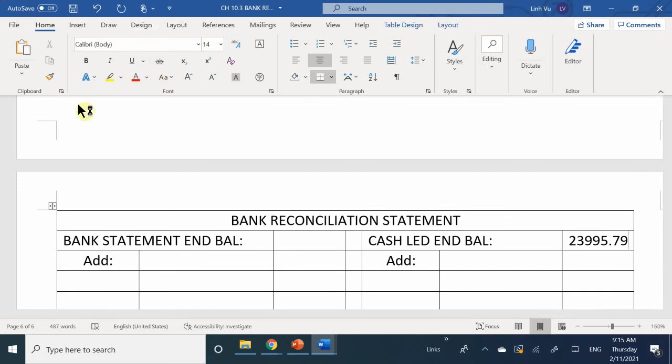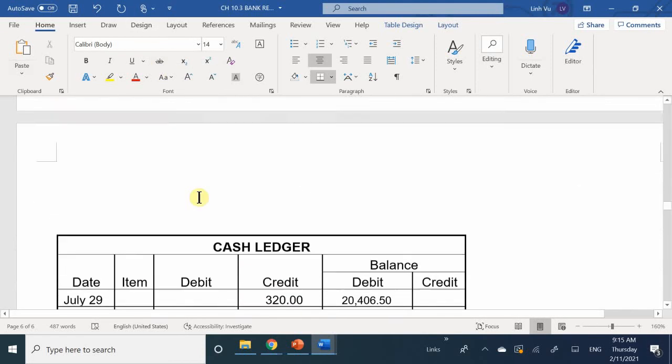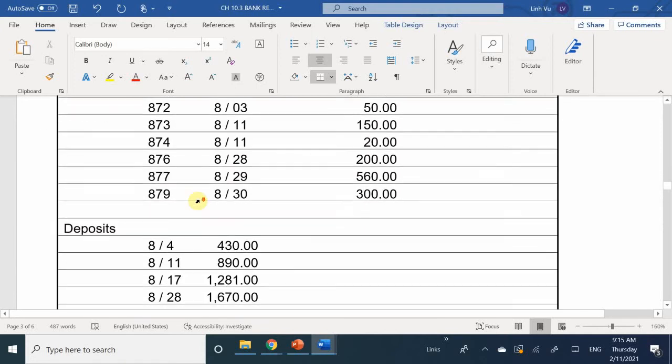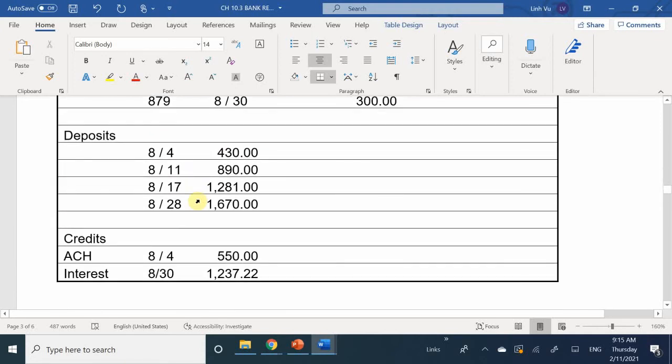Interest. So let's go to my bank now. Okay. So here I have an auto clearinghouse and an interest I've collected. How much interest have I collected? 1,037.22 and ACH for 550.